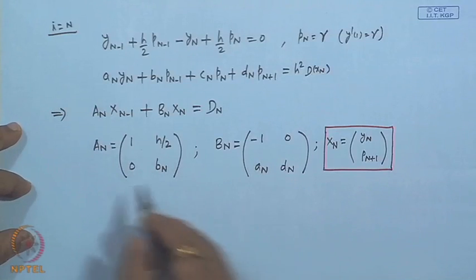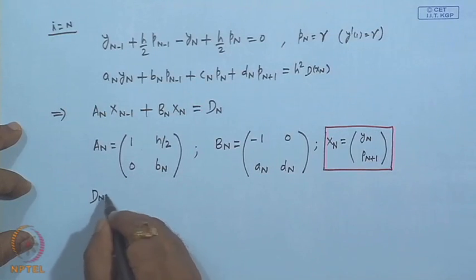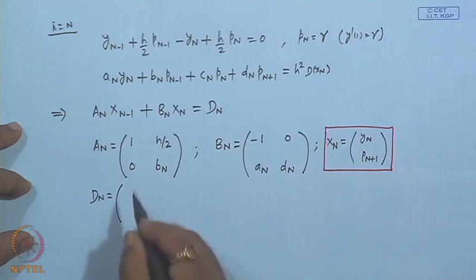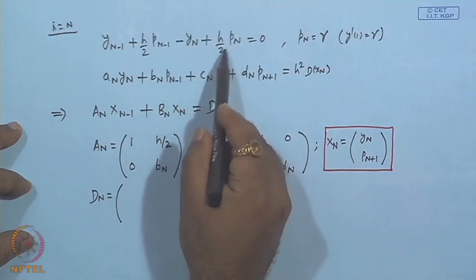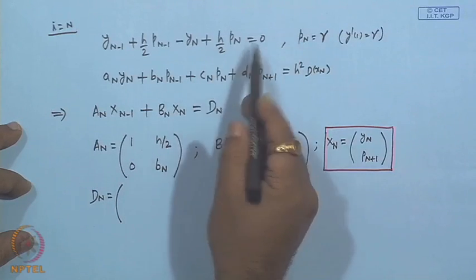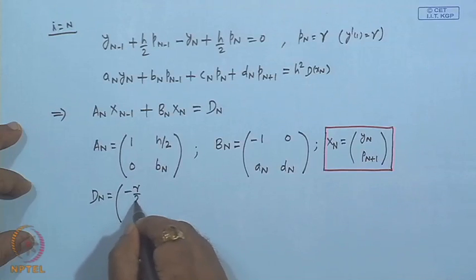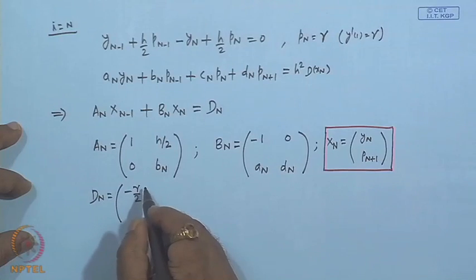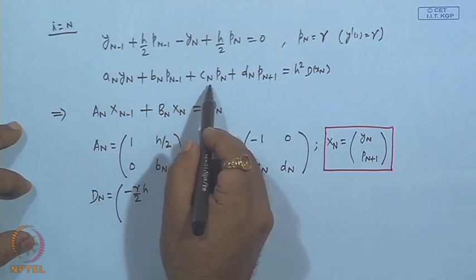Okay. So, then we are in a position to, so d n must be, p n is known. So, it has gone, minus gamma by 2 h, and here we know this is gamma.